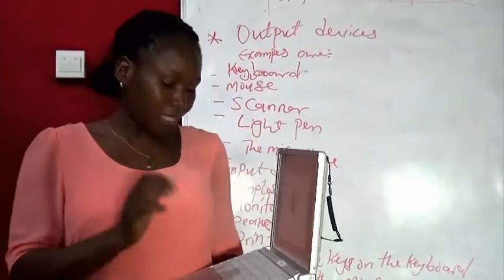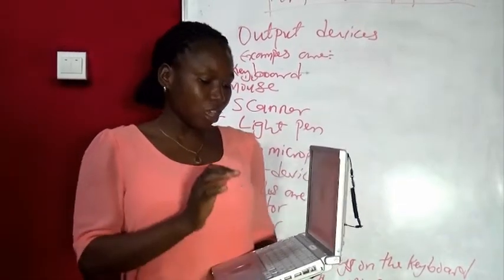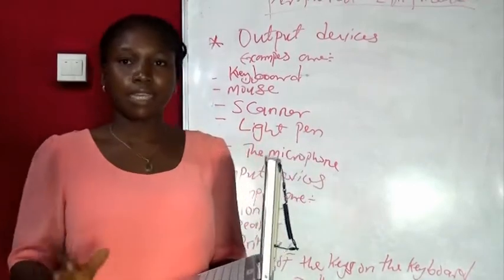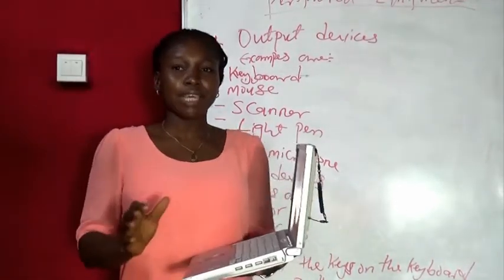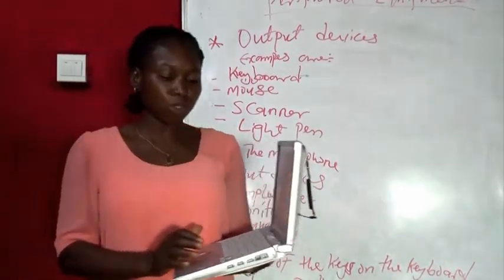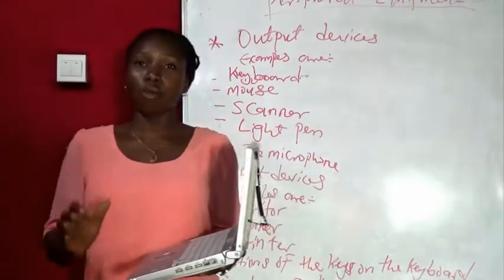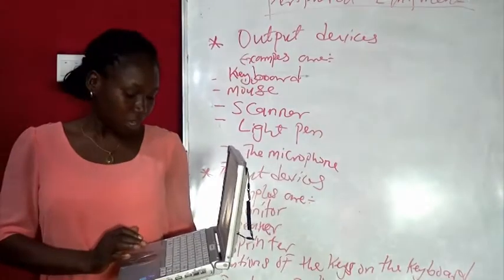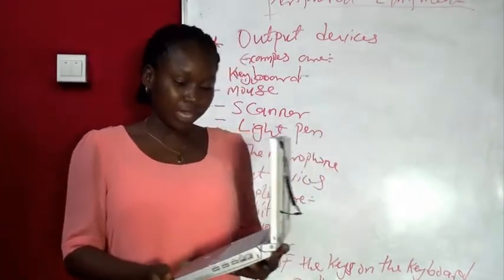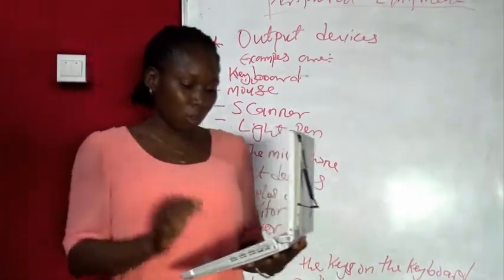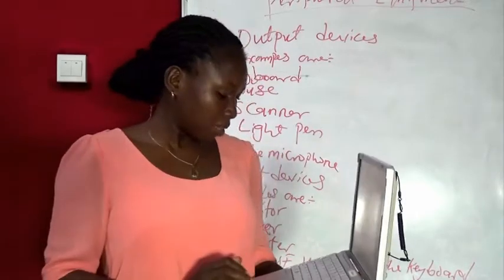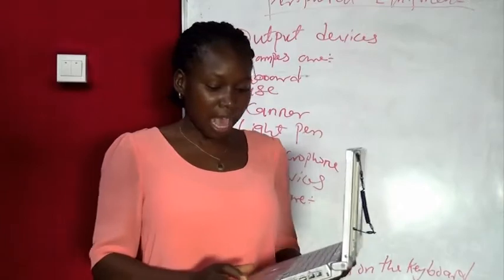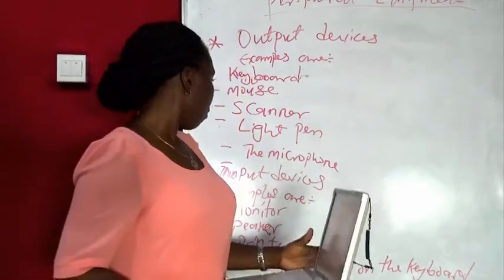Another section is your F1 to F12, which are special keys. Then we have some specific keys that help you to carry out your processing while using a computer, such as your caps lock, your up and down keys, your number lock, your shift, your control, your delete button, and so on and so forth.